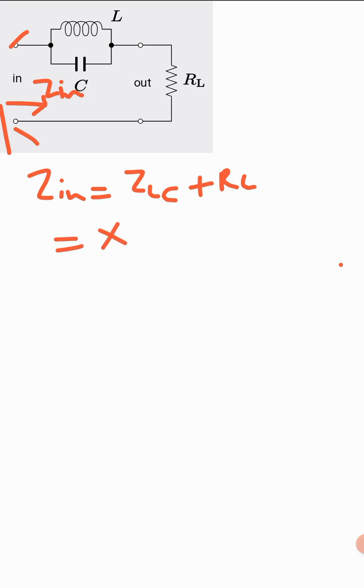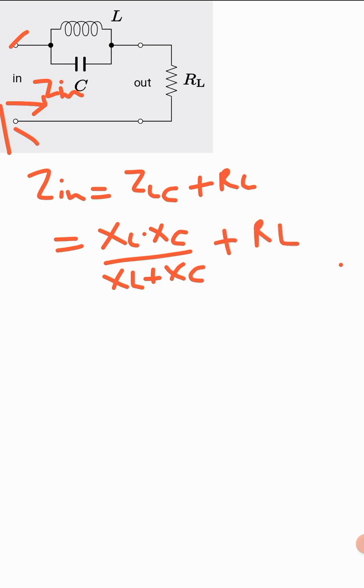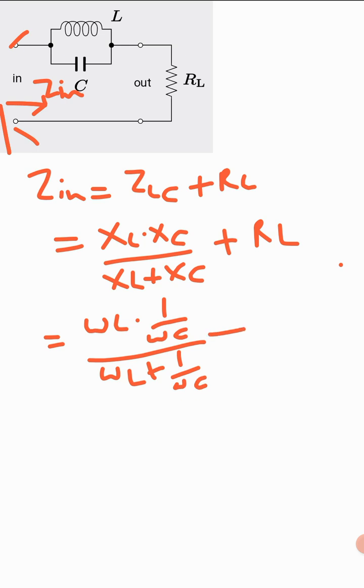So ZLC is your XL into XC divided by XL plus XC, plus RL. XL is your omega L and XC is your 1 over omega C. Then in the denominator you write those values again and keep on solving and simplifying it. So this is how you see your impedance is a function of frequency, and this is how it varies.